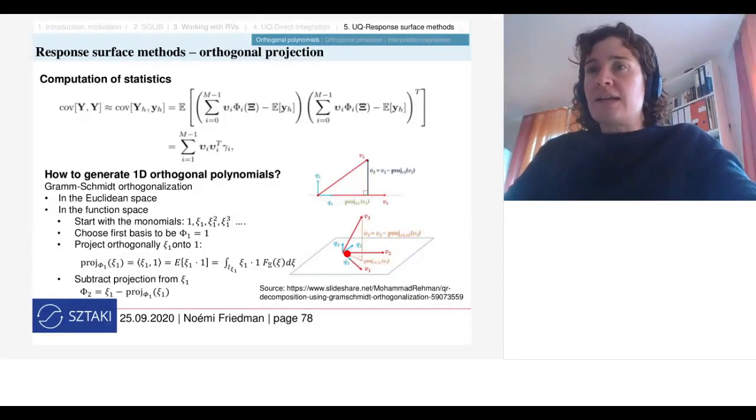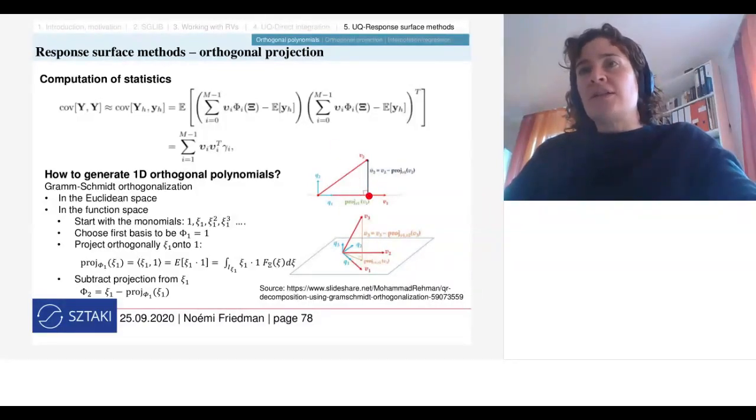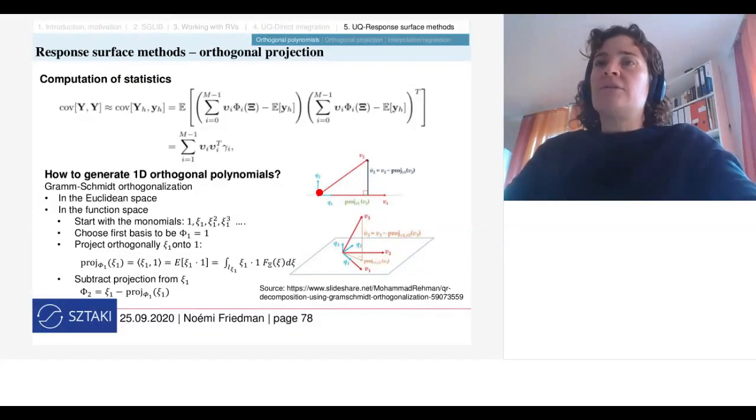And then you take the second vector v2 and you project it onto q1, and you subtract this projected part, and what you get is, you see here a 2D image of that. So if this is v1, you project this v2 vector onto v1, and you subtract this part.